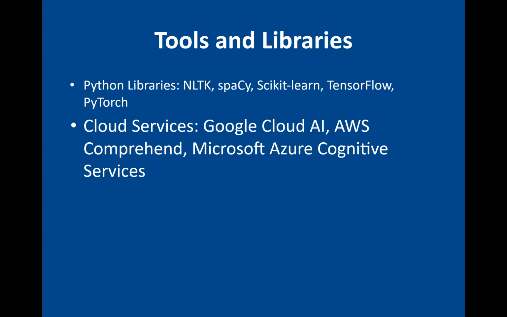And if we talk about cloud services, there are many cloud services nowadays. We have Google Cloud AI, which offers pre-trained models for text analysis. Then AWS Comprehend, which provides NLP services for sentiment analysis and entity recognition. Then we have Microsoft Azure Cognitive Services, which includes tools for text classification.